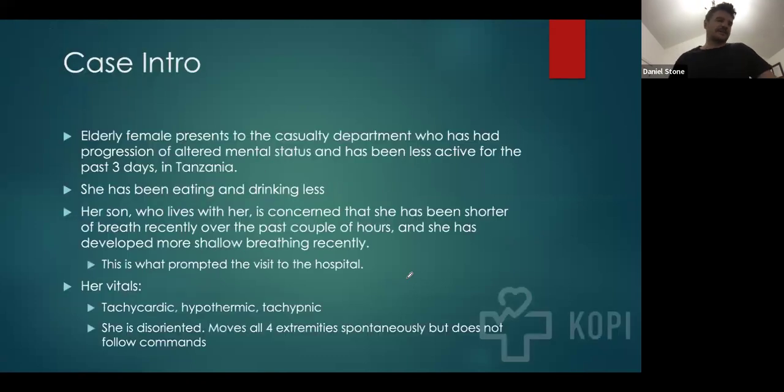So first, a case: an elderly female presents to the casualty. She's been less active, eating less. She's been more encephalopathic and altered. Her son, who's concerned about her, said that she developed shortness of breath or maybe some shallow breathing earlier today. He is concerned that she may be in pain as well.